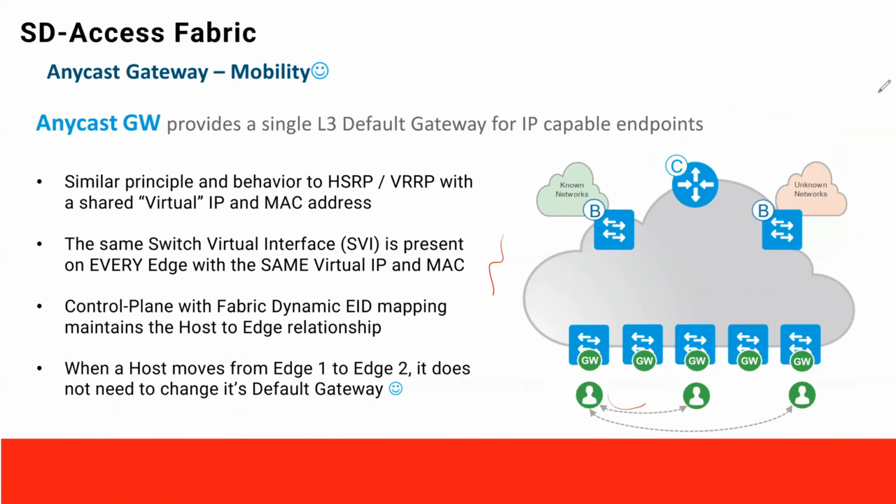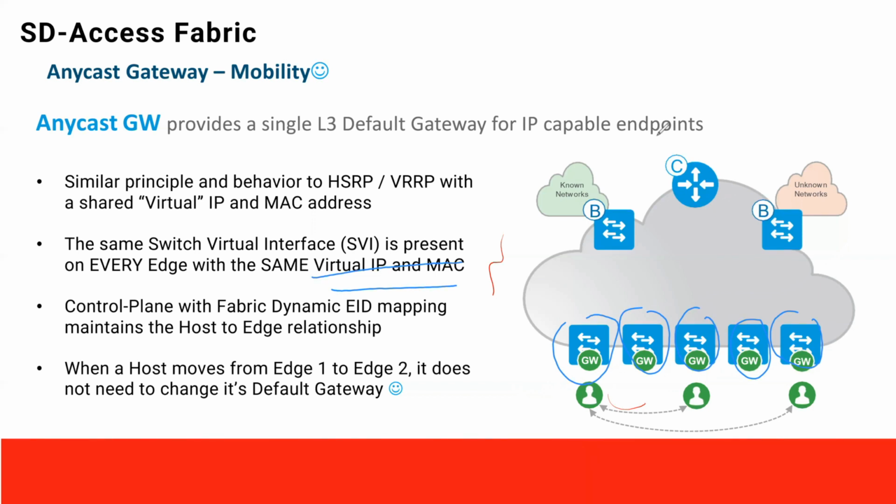Yes, but the thing is, you have an SVI created on one specific core switch. Consider VLAN 3. You have this 3.2.2.1 IP on that specific core switch assigned to the VLAN 3 interface or SVI. But here you create it once from the DNA Center and it's replicated on everything, and it has a virtual IP and MAC.